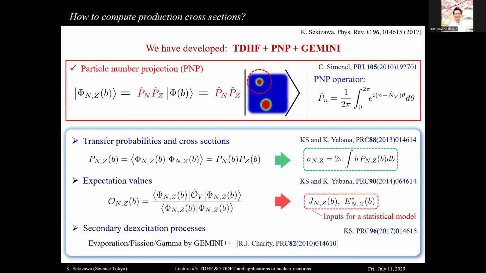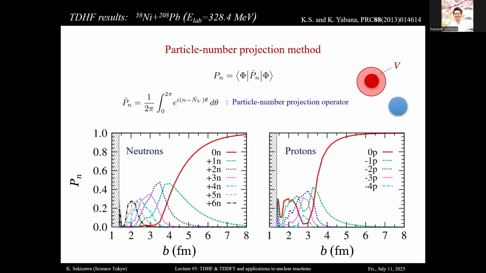Maybe I can skip this. This is just a detail, but we can actually extract the transfer probabilities from the wave function after the reaction. Here I use a projection operator. N hat V is the number operator for the fragment inside region B, and this is the integral representation of the Kronecker delta.